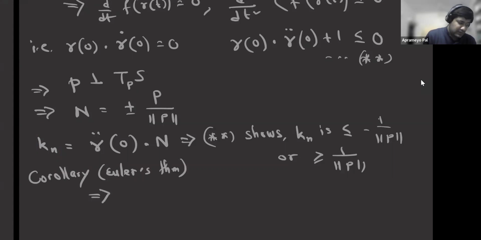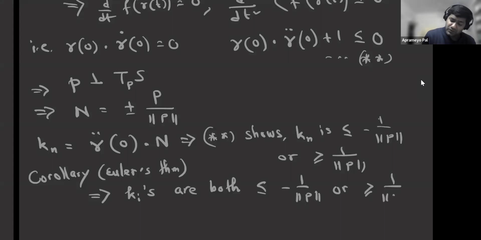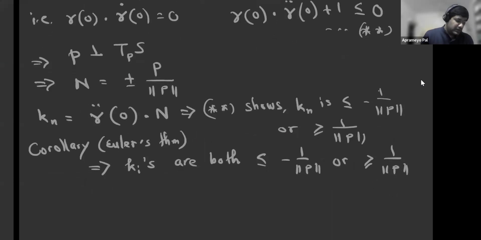It said that both of the principal curvatures are either less than or equal to minus 1 over |P| or greater than or equal to 1 over |P|. And this then gives you that the Gaussian curvature K, which is equal to k1 k2, is greater than or equal to 1 over |P| squared. And then we are done.